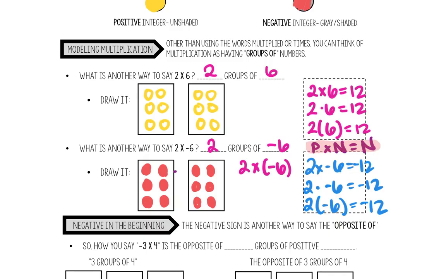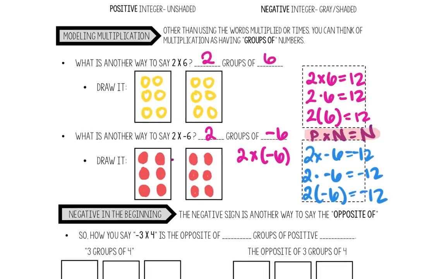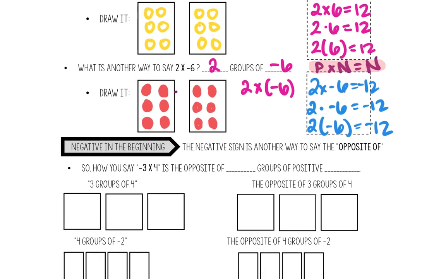Okay, so we have talked about that the negative sign, we can say negative, but it also can mean the opposite of. So if I said negative 3 times 4, I could really say that is the opposite of 3 groups of positive 4.